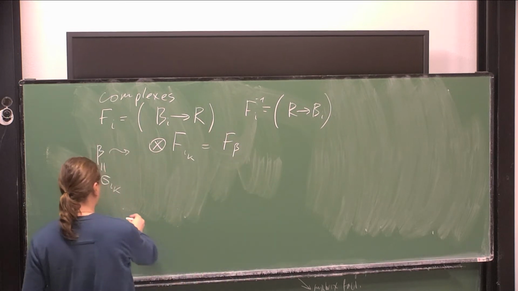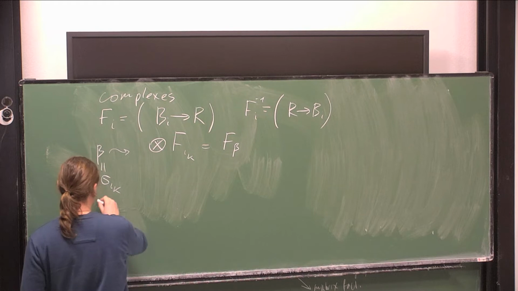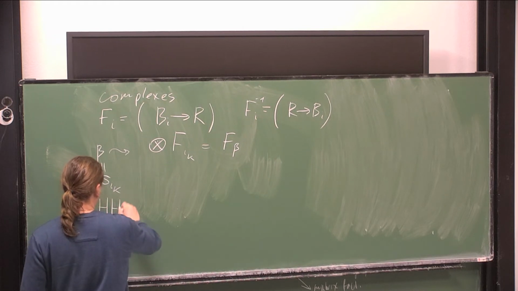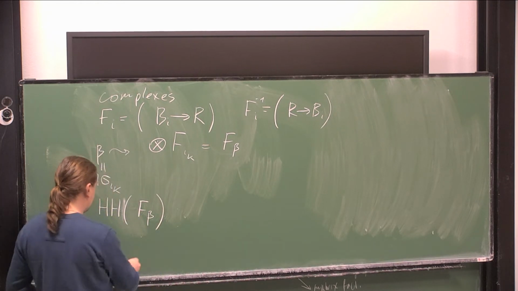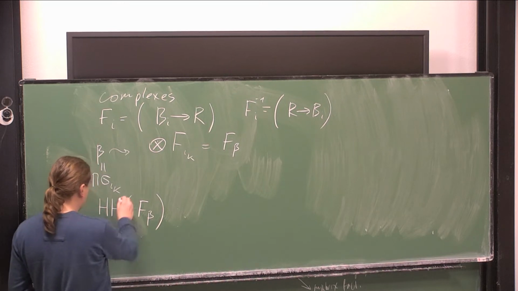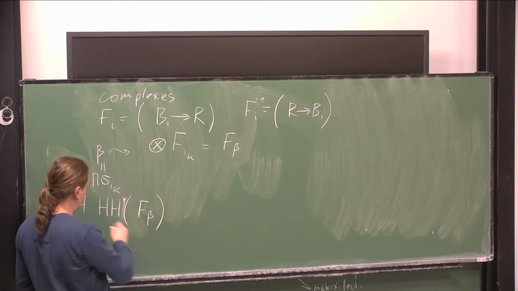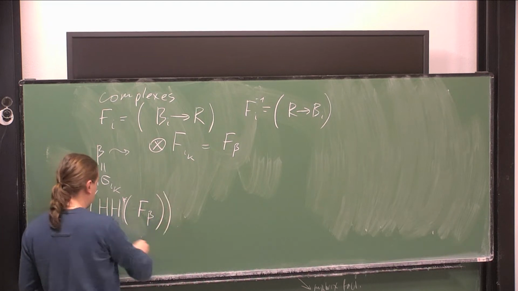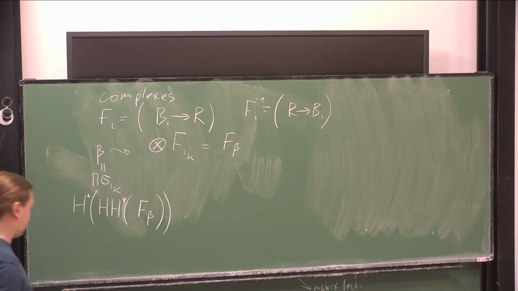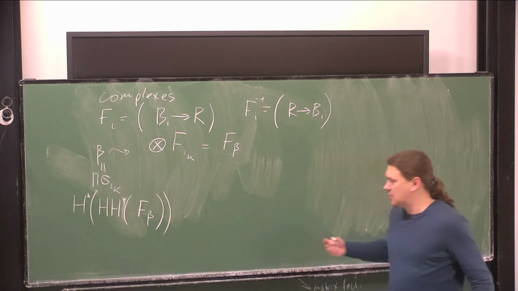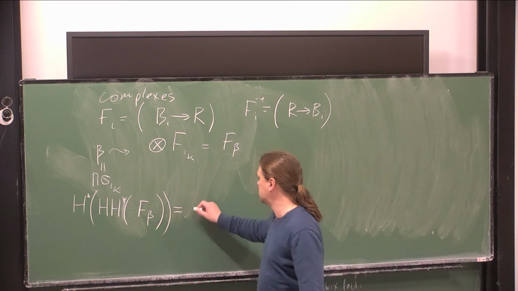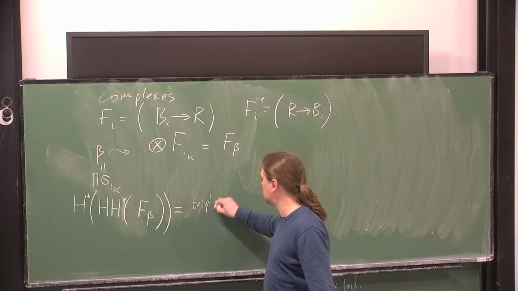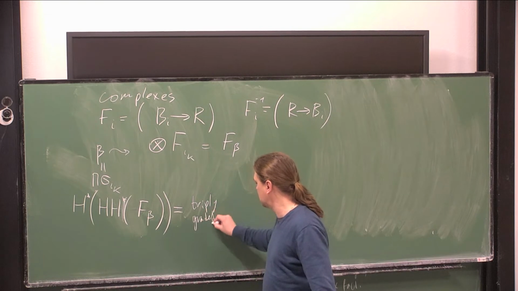And in the end, to get the invariant, you take the quotient homology of this, then you get a complex, and then you get the cohomology of the complex. This is the triply graded homology.